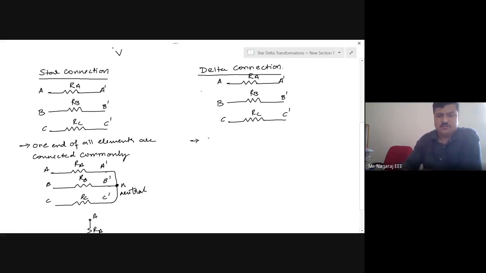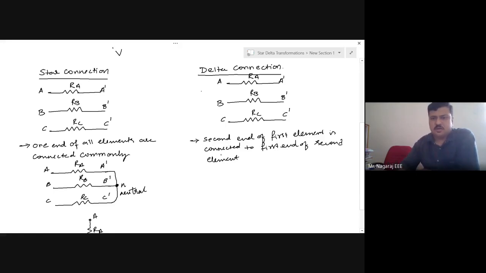To understand, we can write: the second end of the first element is connected to the first end of the second element. Then it is continued, and the second end of the second element is connected to the first end of the third element.